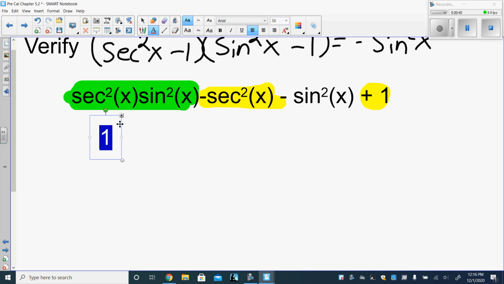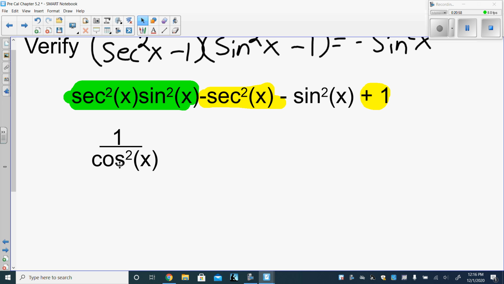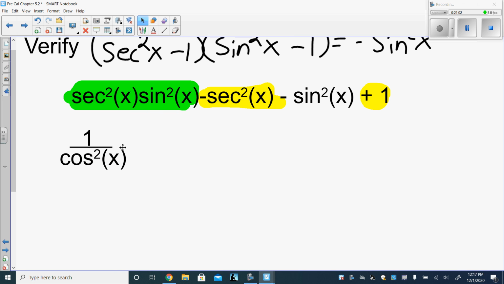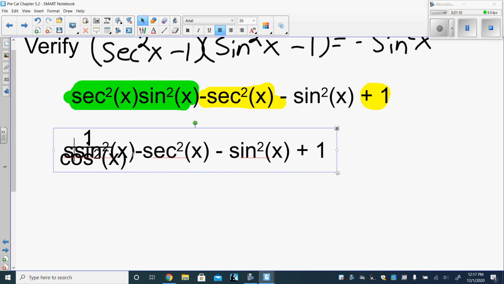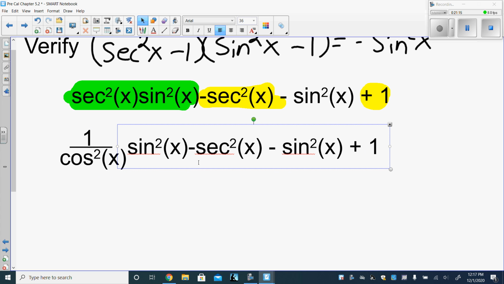So we have 1 over the cosine squared of x, times sine squared of x, all of this here.